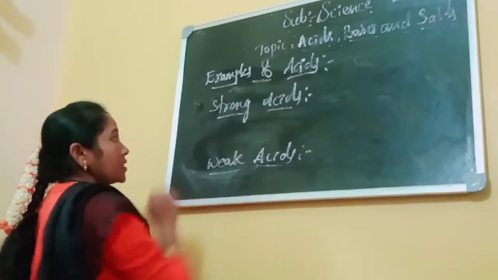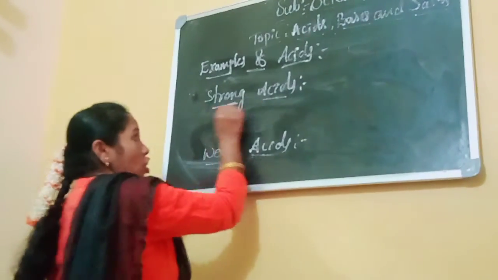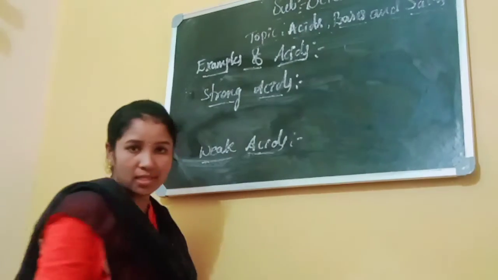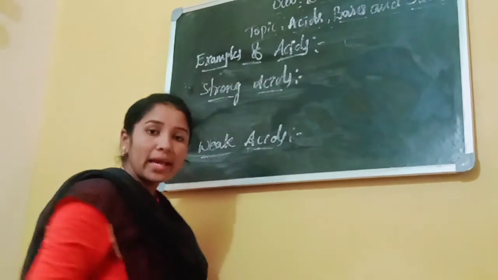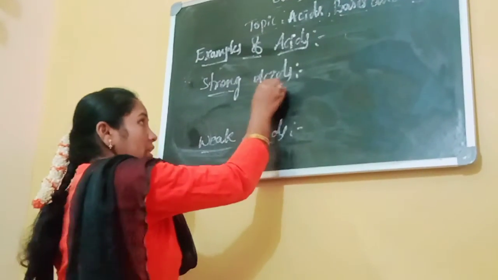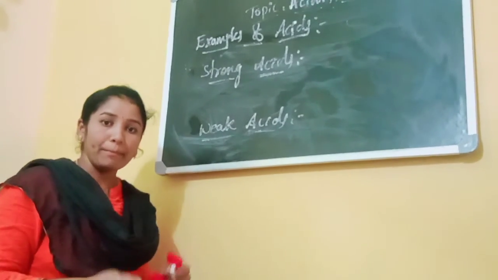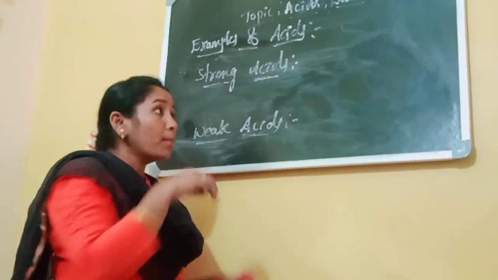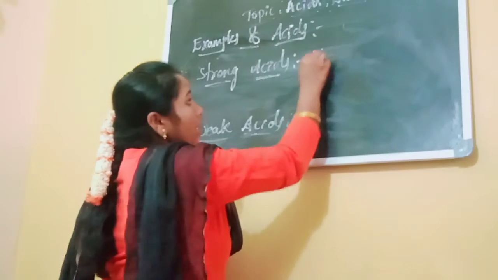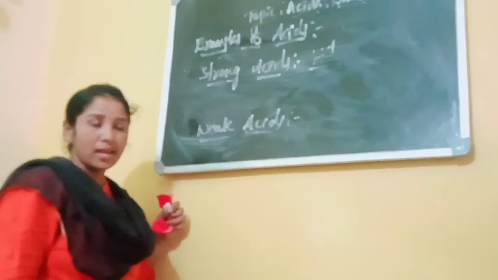Examples of acids. We can classify acids into two types: strong acids and weak acids. What is meant by strong acids? The acids which dissociate completely in water and form more H plus ions are called strong acids. Understand?